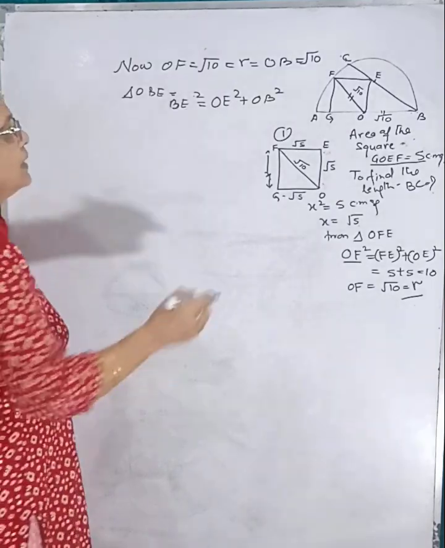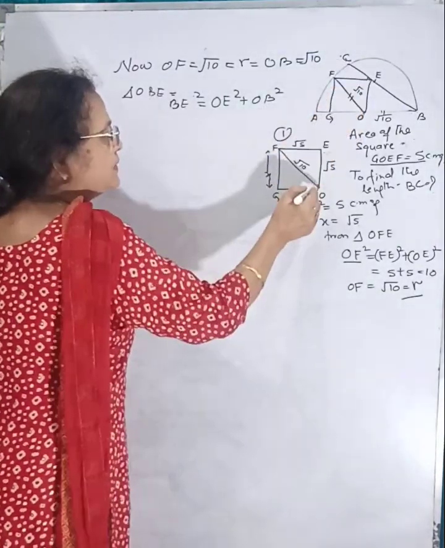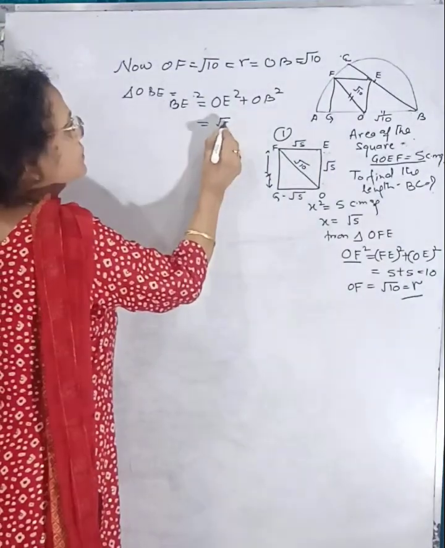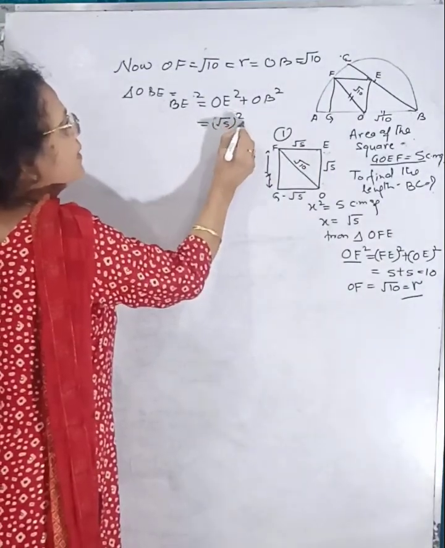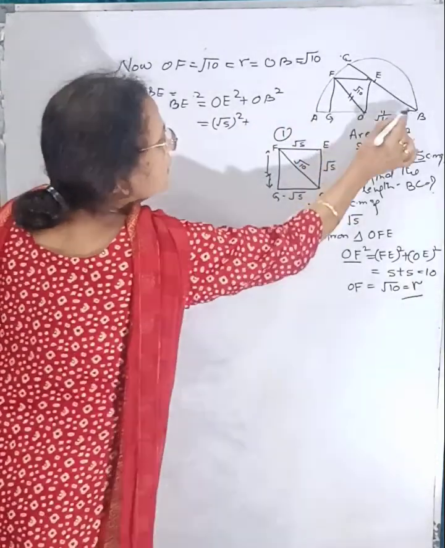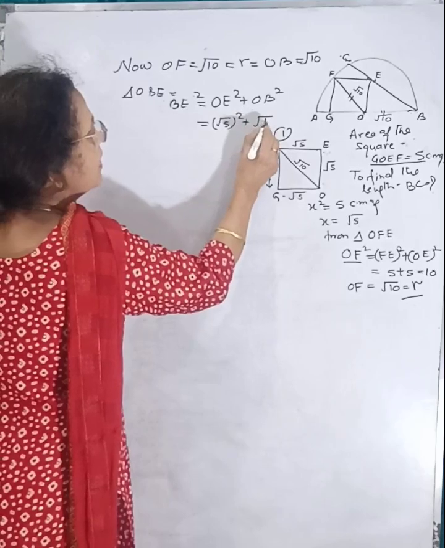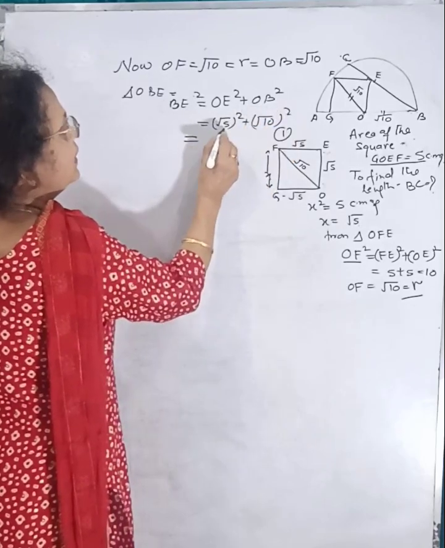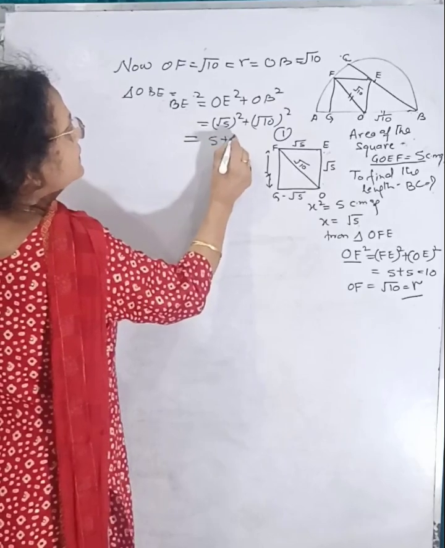OE is this side, root 5, square, plus OB, this side, root 10, square. It means BE square will be 5 plus 10.